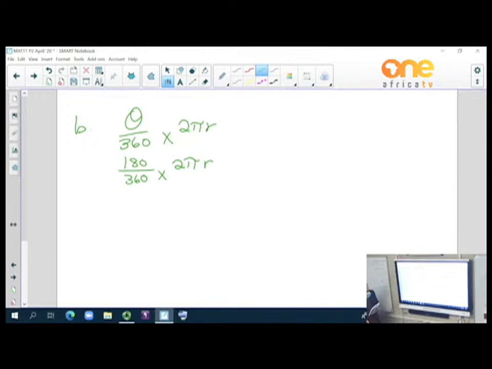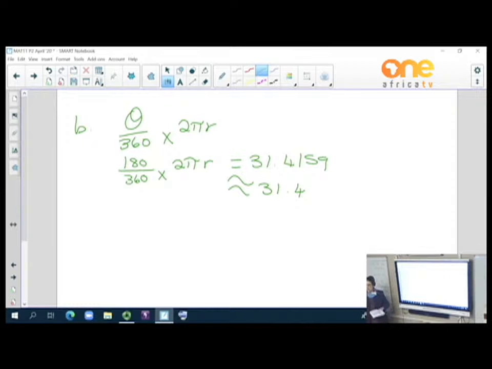So actually, that will cancel out. So what is the answer that we get? 31.4159. Yeah. It will give us 31.4159, and we round off to 31.4. 3 significant figures.